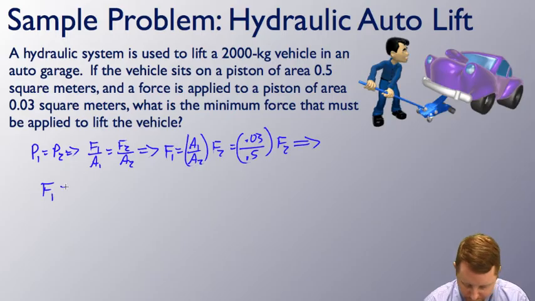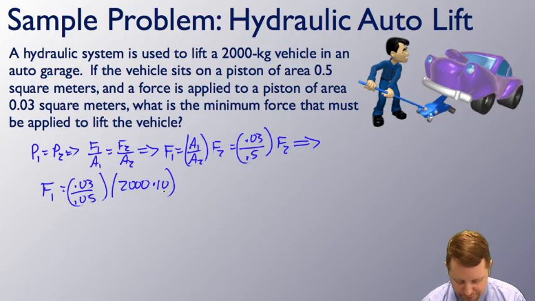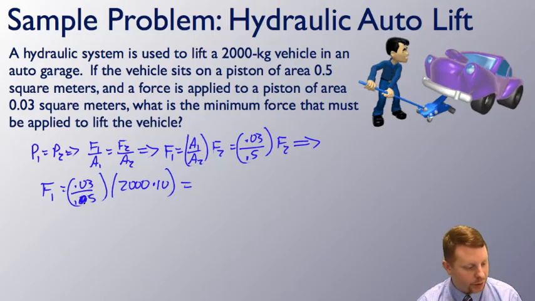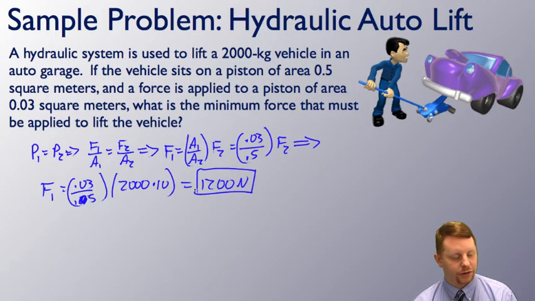And F2 must be our 2,000 kilograms times 10 meters per second squared, the weight of the car. So that's going to be 0.03 divided by 0.5 times 20,000, or 1,200 newtons must be applied in order to lift that vehicle, equivalent to a weight of 120 kilograms.